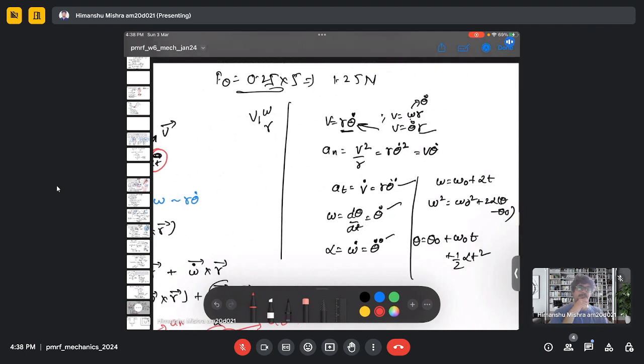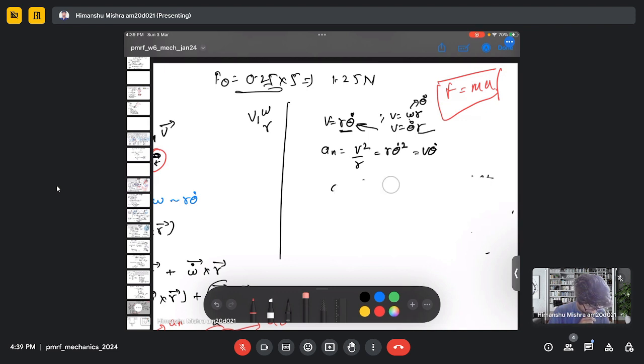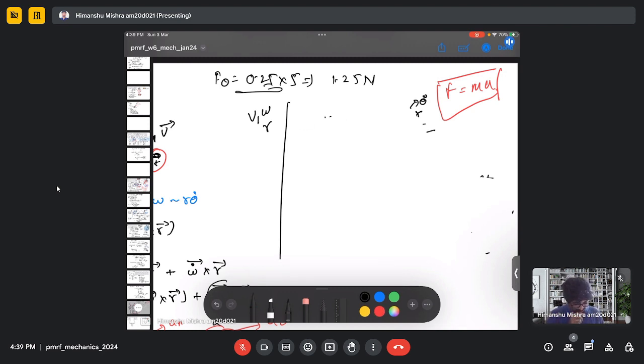So until now we connected dynamic quantities like force with kinematic quantities like velocity and acceleration by using Newton's second law. But from now on, we will be doing the same thing for rotational motion. For translational motion, you have Newton's second law, which is F equals ma.